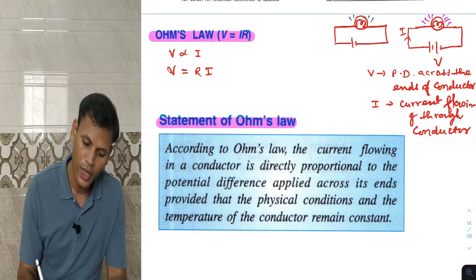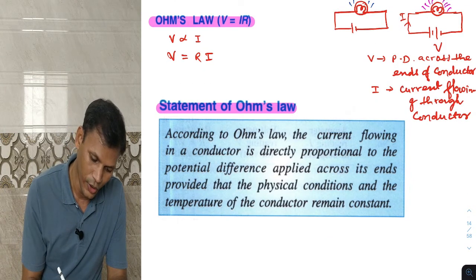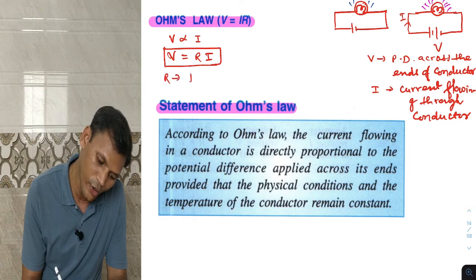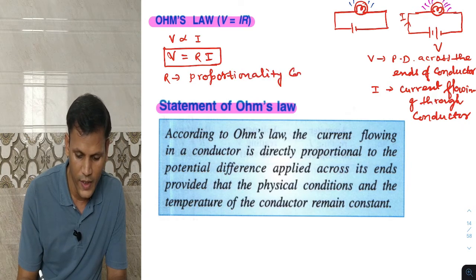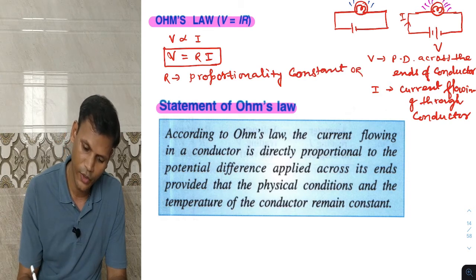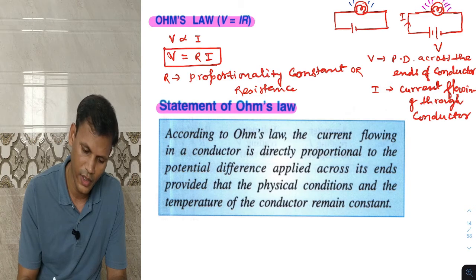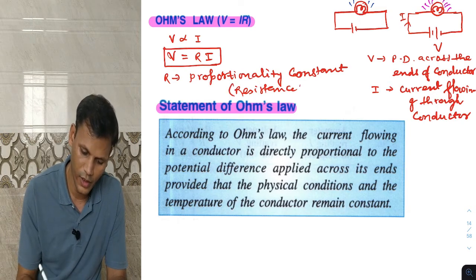So V is equal to R into I, where R is the resistance, the proportionality constant which is called resistance.